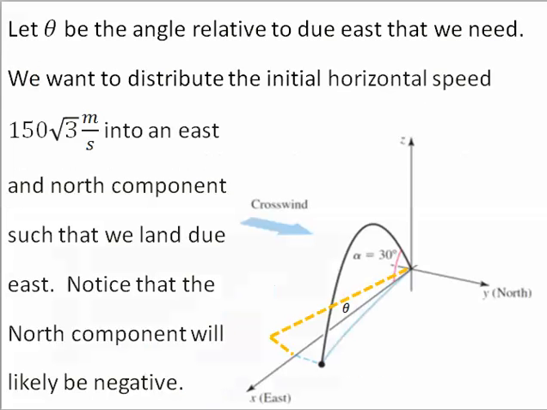However, we now want to distribute that initial horizontal speed. Let theta be the angle relative to due east that we need. We want to distribute the initial horizontal speed into an east and now north component such that we land due east. Notice that the north component will likely be negative. We're going to want to point slightly south because of the crosswind.